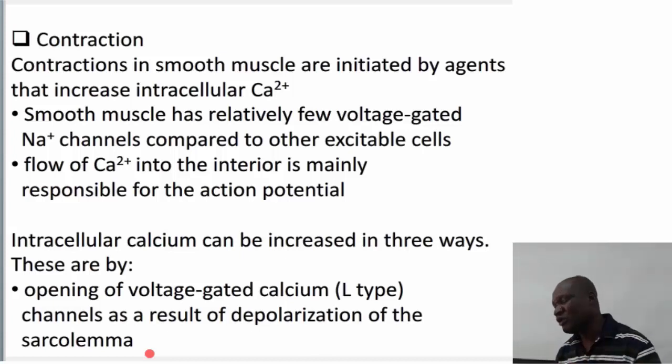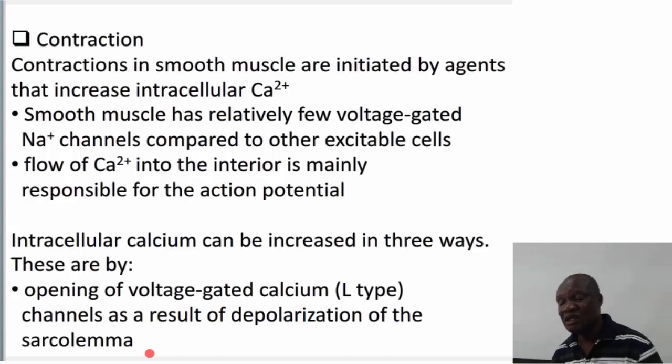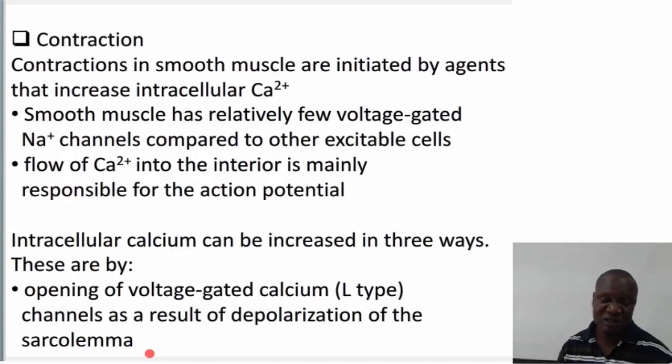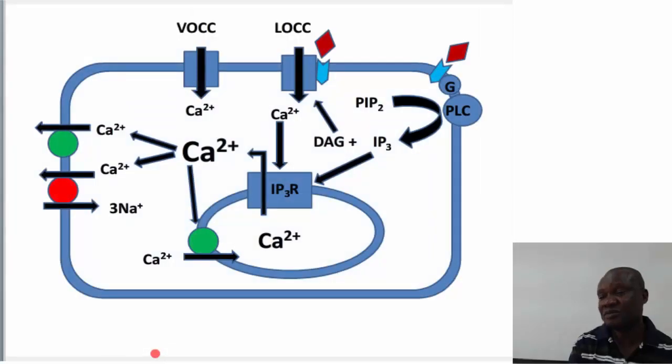In smooth muscle, there's going to be an increase in calcium ions for depolarization. Now, the intracellular calcium ions can be increased in three ways. This is by opening of voltage-gated calcium channels. They are voltage-gated channels.